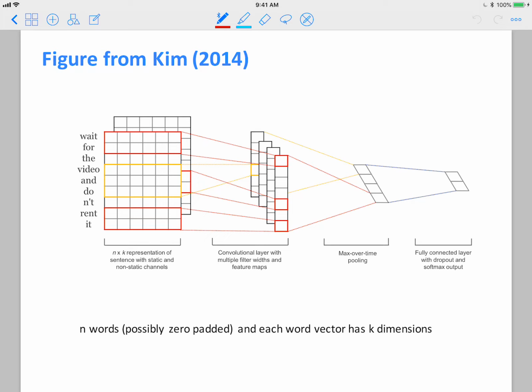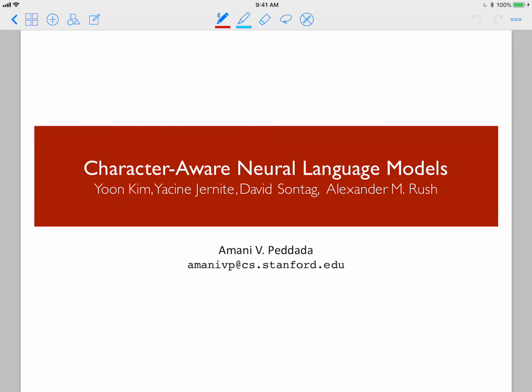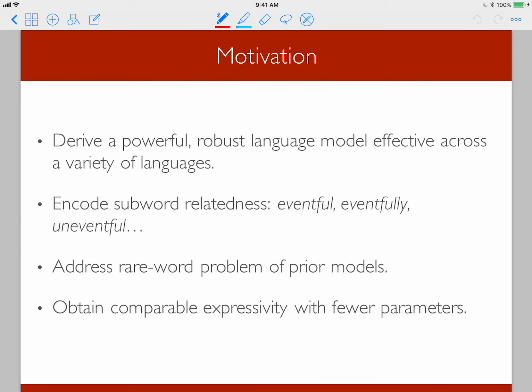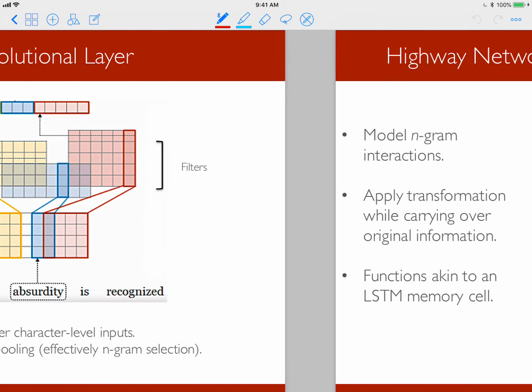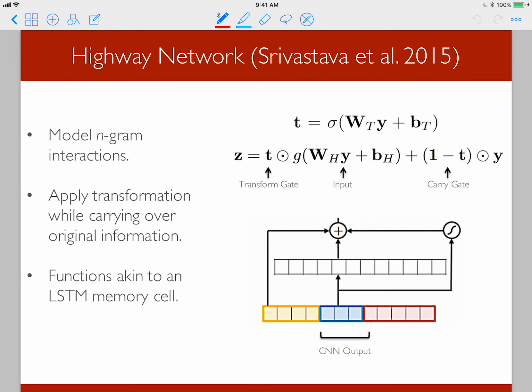So I believe everyone is familiar with text classification, and this was one of the quiz problems, right? The answer was a highway.